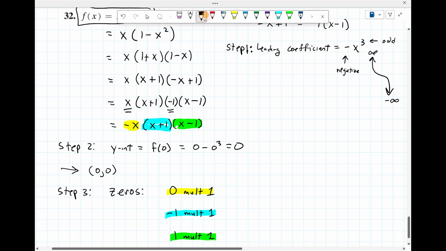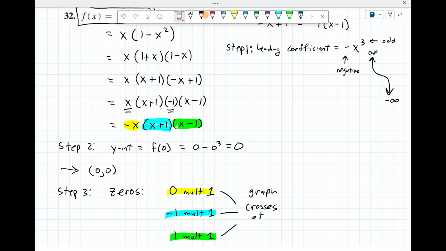Notice that all of our multiplicities are odd numbers. That means that the graph crosses at each x-intercept.